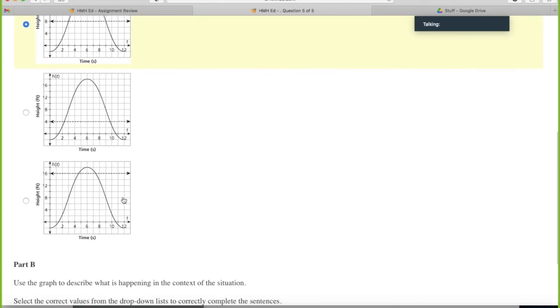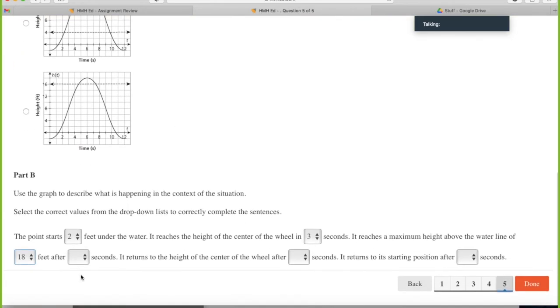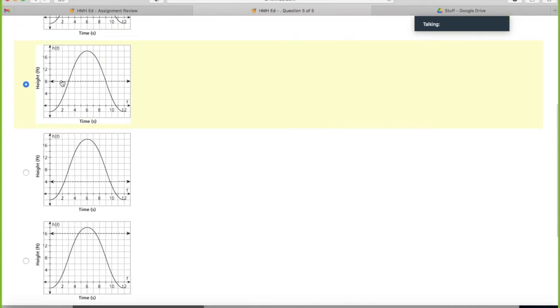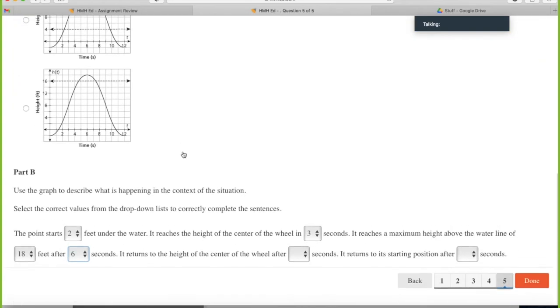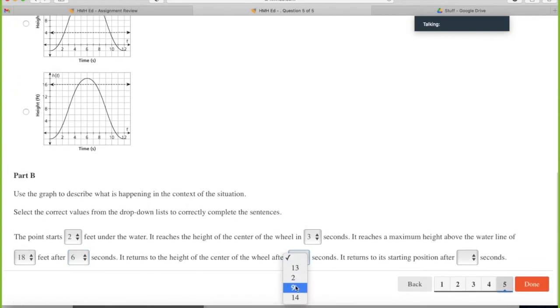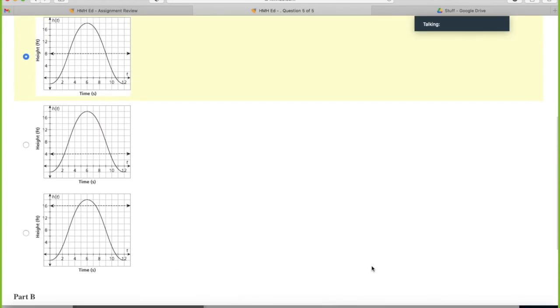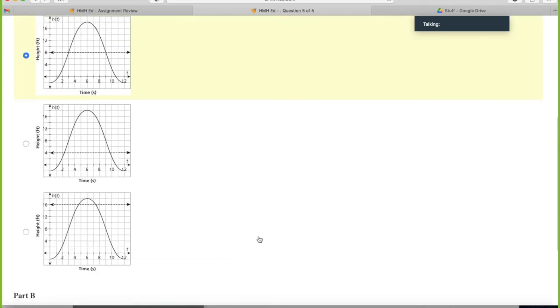After how many seconds? That's 6 seconds. It returns to the height of the center of the wheel after, okay, so we have to look at our midline, 9 seconds. It returns to its starting position after 12 seconds.